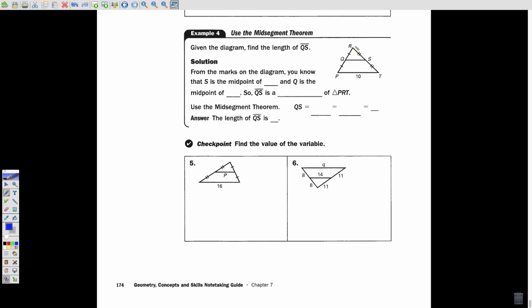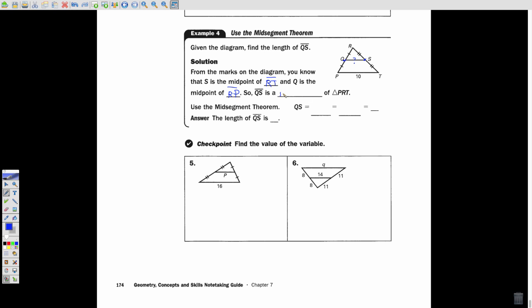Given this diagram right here, find the length of QS. From the marks on the diagram, you know S is the midpoint because this is congruent to this part, and Q is the midpoint, right? So S is the midpoint of RT, and Q is the midpoint of RP.